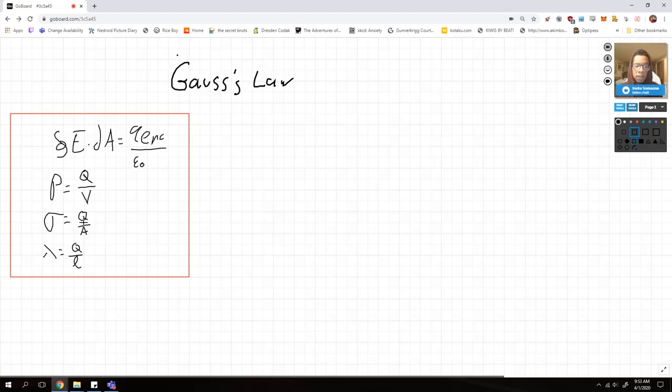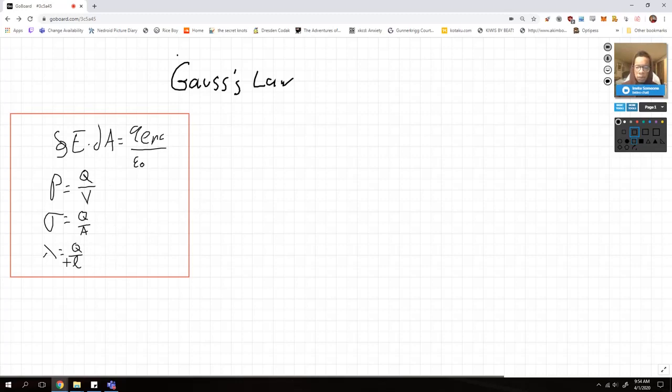That's like mass density, which is mass divided by volume, because you want to know how much mass is contained in a certain amount of volume. Same idea with charge density, where this rho is the charge volume density, which is equal to the charge divided by the volume. And then this last one is the line charge density. If you have a line of charges and you want to know how close together they are on that line, you take the amount of charge divided by the length of the line.